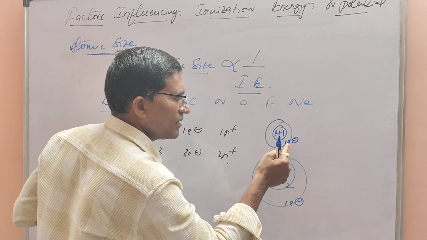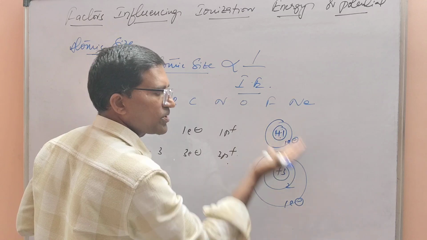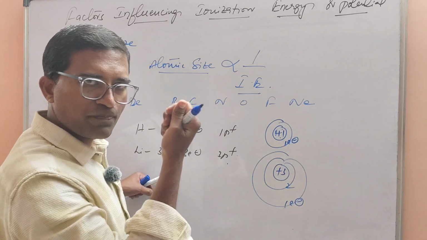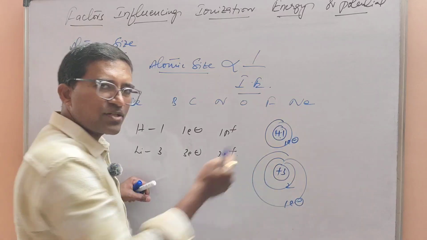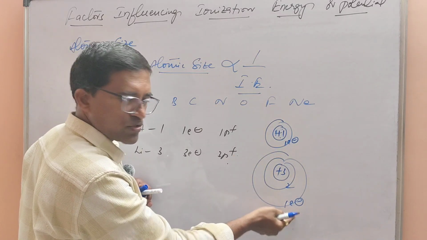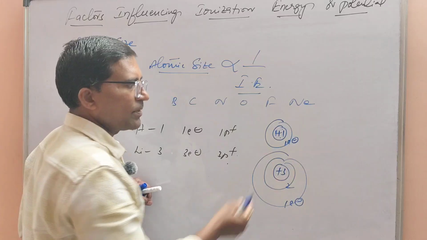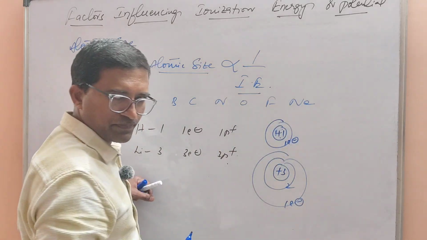As you see here, the electron comes under the first shell, which is very close to the nucleus, so more attractive force. In case of lithium, the last electron comes under the second shell. The distance from the nucleus is increasing, so the attractive force decreases. Thereby, we can remove the electron more easily here compared with the hydrogen case.